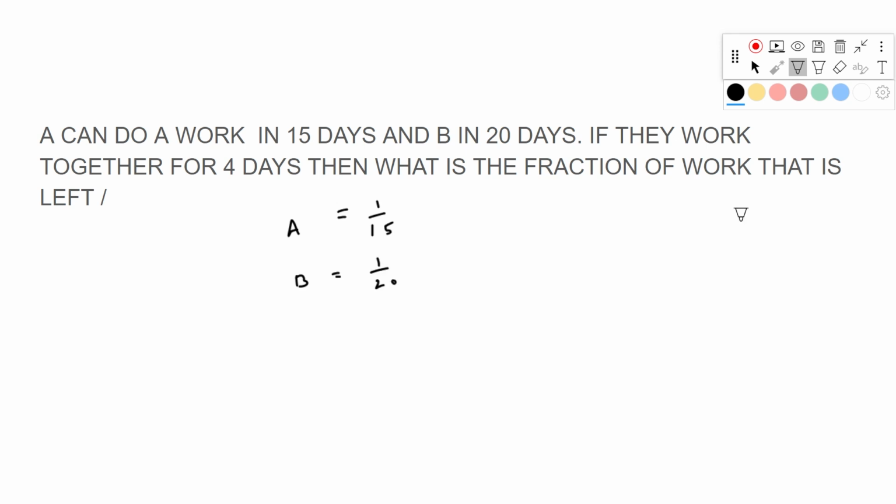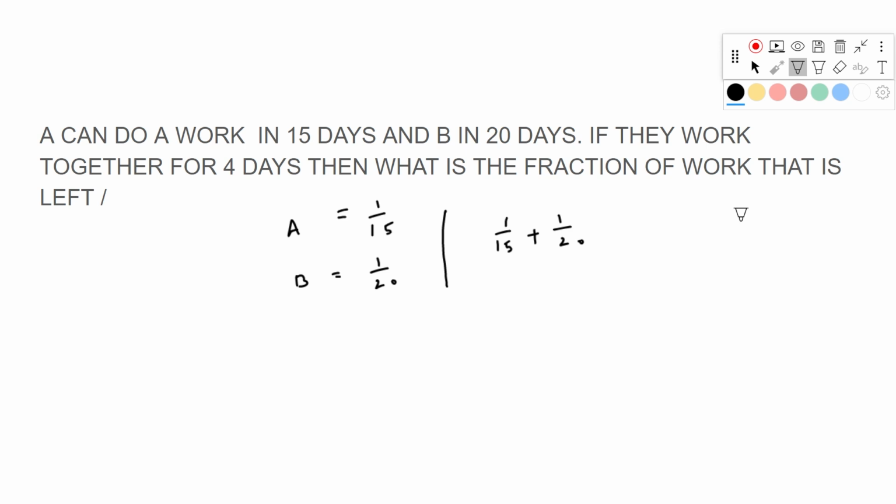Clear? Okay. Now, if A and B together can do a work, then in one day, what is the work by A and B together? I can write 1 by 15 plus 1 by 20.